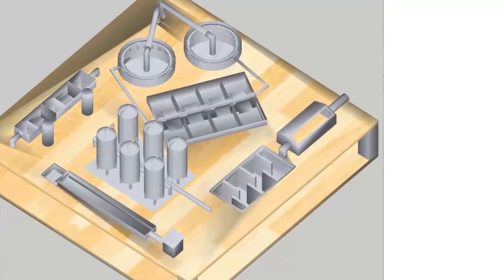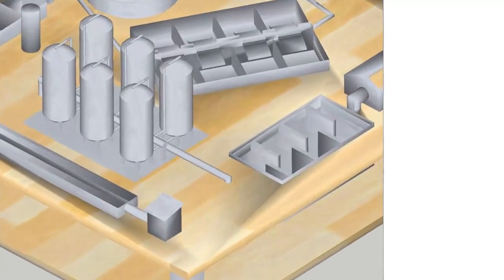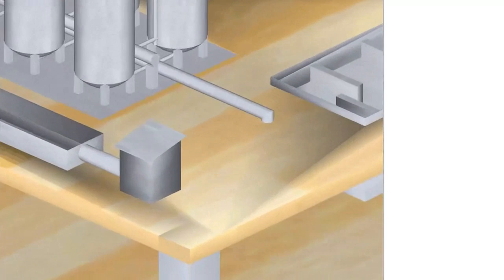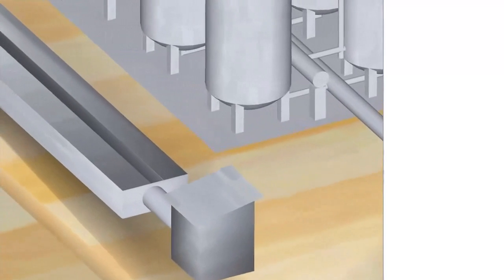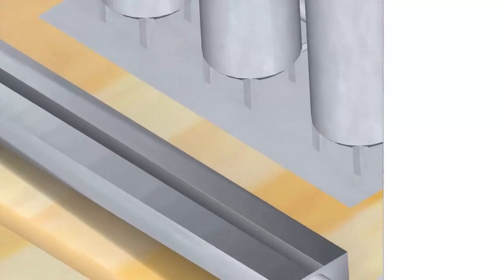In this video, you see the single elements of such a water treatment plant, and we'll just have a brief look at these elements. At first, the water enters the grit chamber. Here, sand and grit that is transported with the water sinks to the ground.